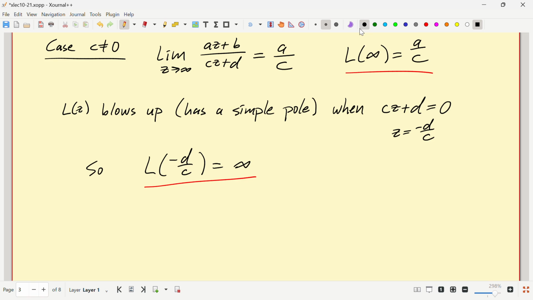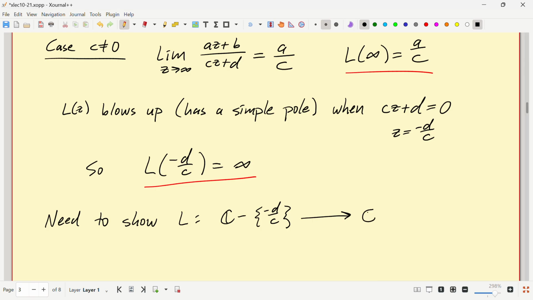So I need to show that was easy in the az plus b case, but I need to show L from C minus the point minus d over c to C minus a over c, where L of infinity is a over c, is 1-to-1 and onto.